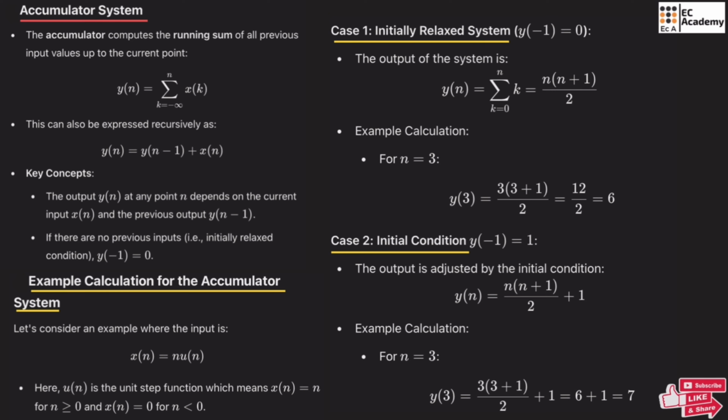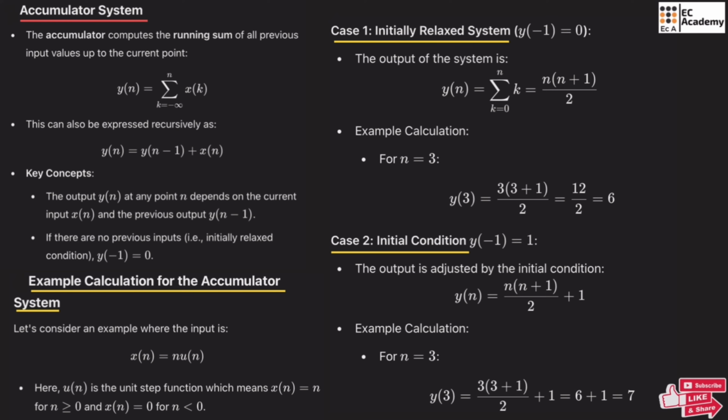So for this we'll take the first case where the initial condition will be equal to 0, which means we are considering the initially relaxed system. So let us take n is equal to 3.